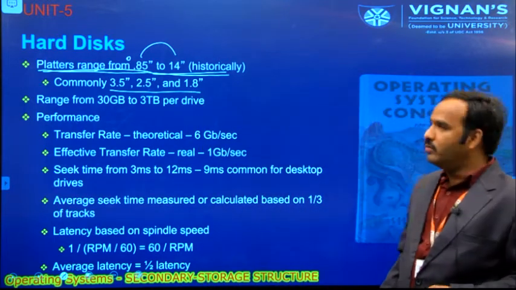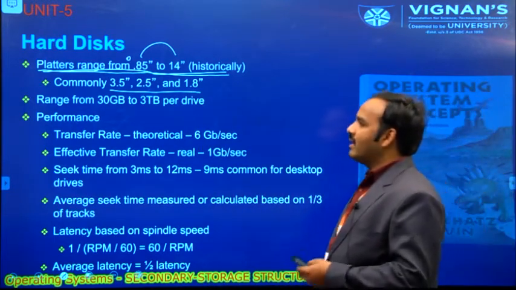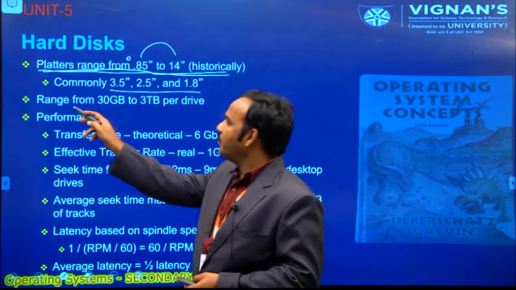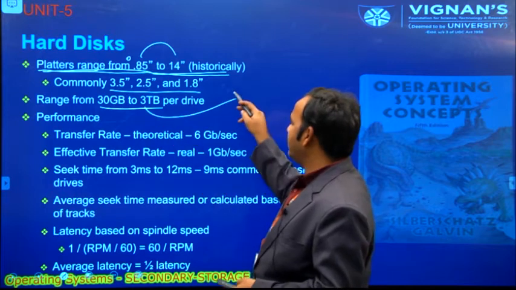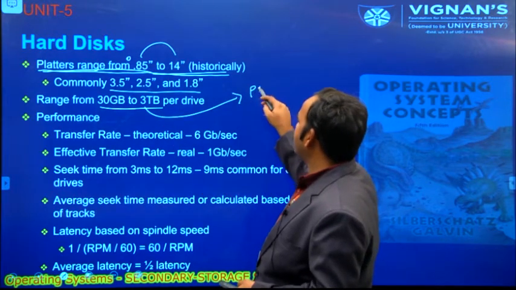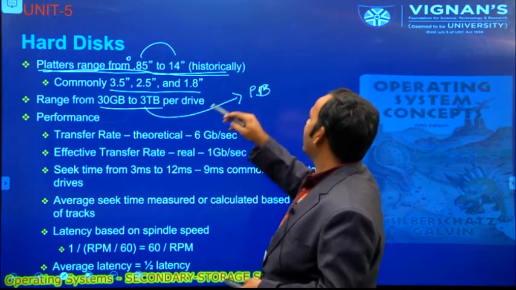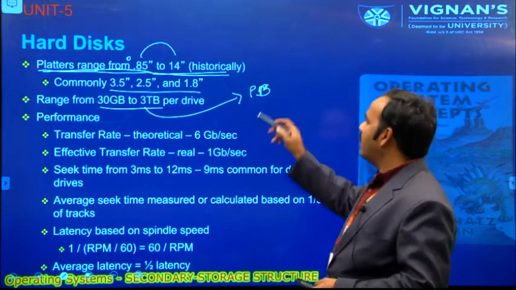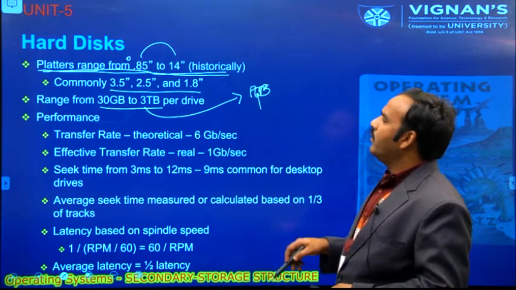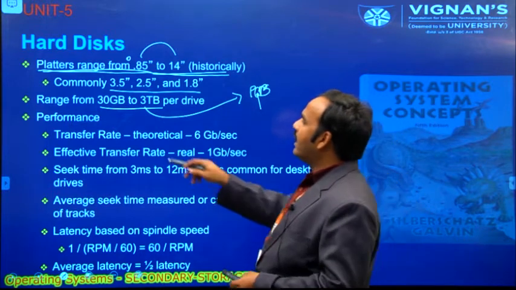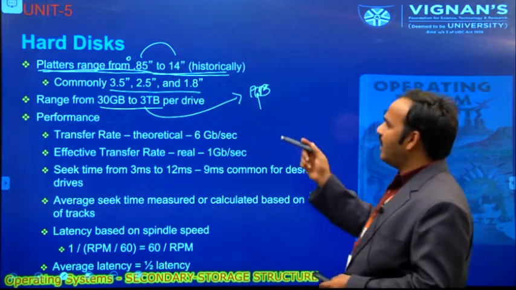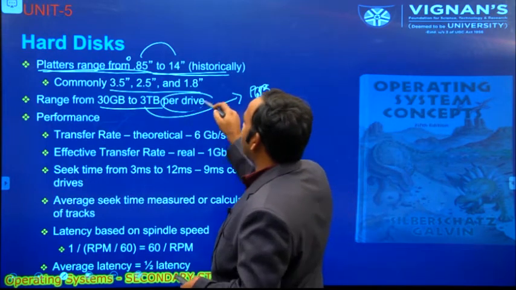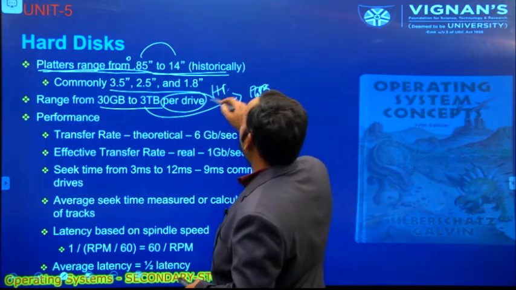These are the commonly used platter sizes. And what is the range of capacity? Nowadays there is a big range, they are using even petabytes also. Commonly, hard disks of 30 GB to 3 TB are available.